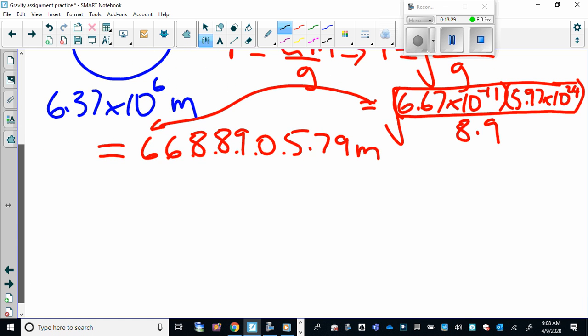You have to take the total distance you are from the center, this distance here, 6.69 times 10 to the 6th. And here's the radius of the Earth, which we just said is right here. That's the radius of the Earth. And you're going to have to subtract those values. So this total distance minus the radius of the Earth will give you what you want, the distance above the Earth's surface.